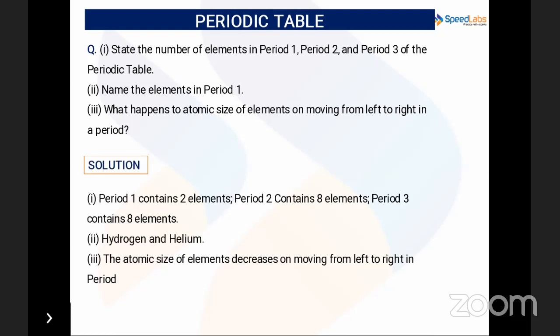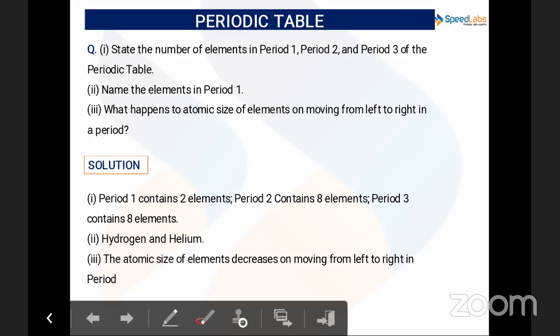The first question says, state the number of elements in period 1, period 2, and period 3 of the periodic table. Period 1 contains 2 elements. Which are the 2 elements present in period 1?